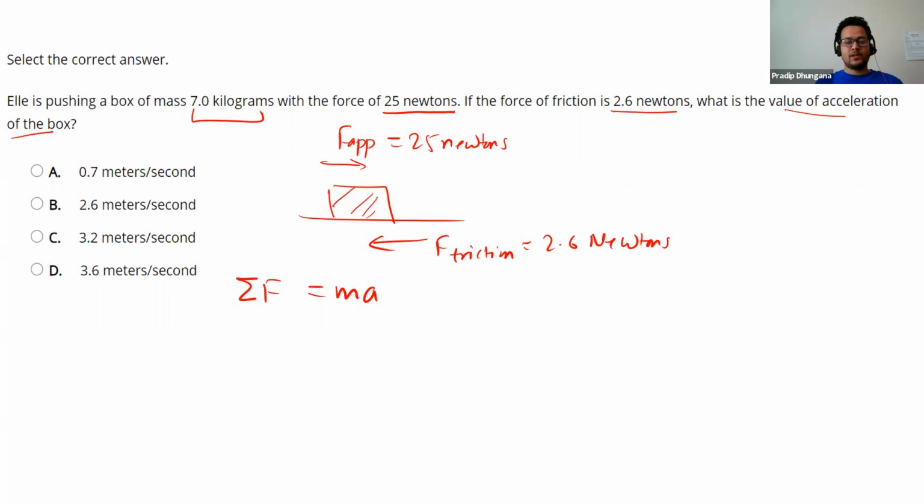That is 25 minus 2.6, the net force. Then substitute the value of mass and calculate acceleration. Let me give you some time to answer this question. I have launched the poll. Take your time, do your calculation, and calculate the value of acceleration. Then I'll solve this problem.